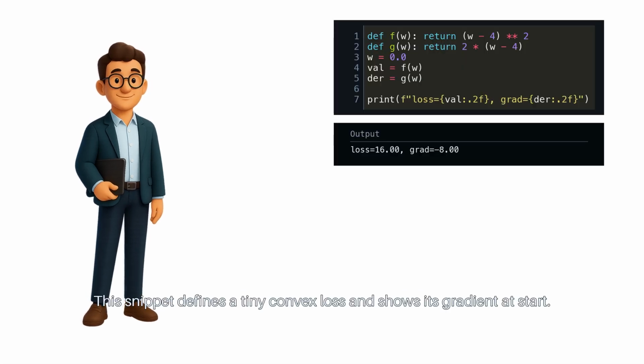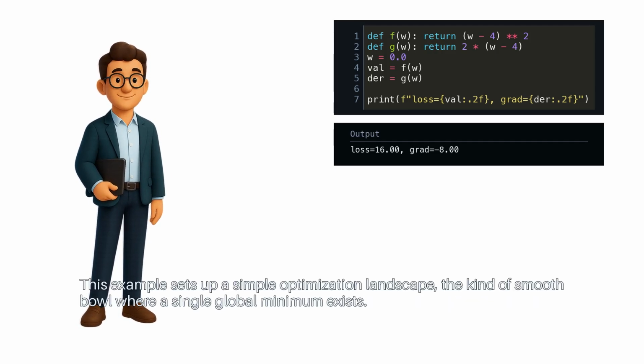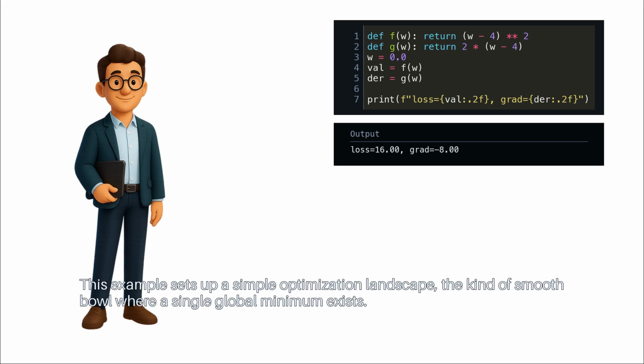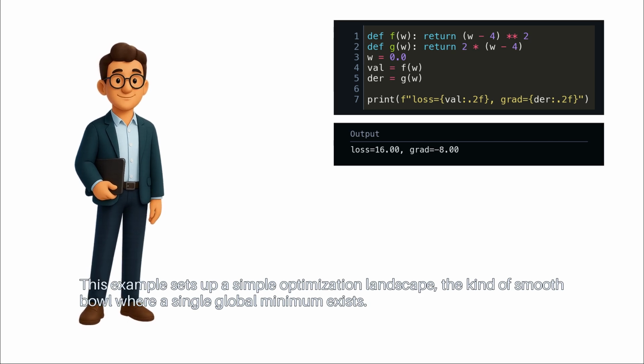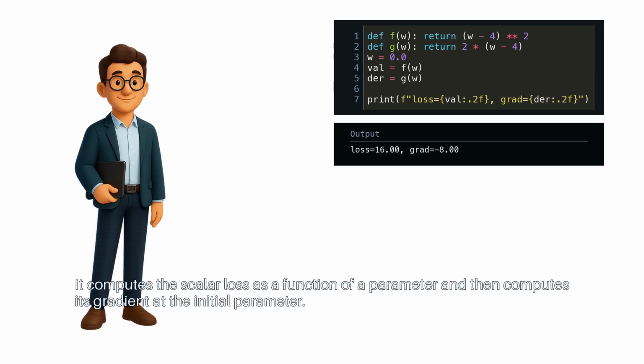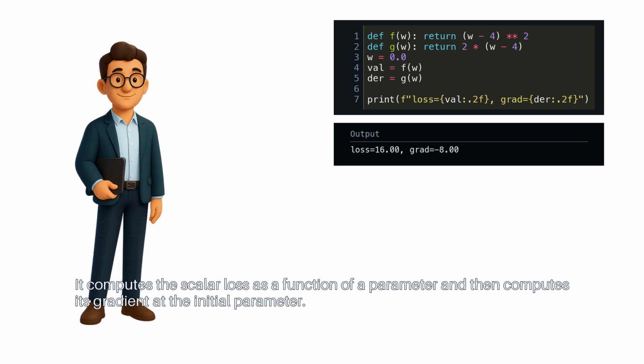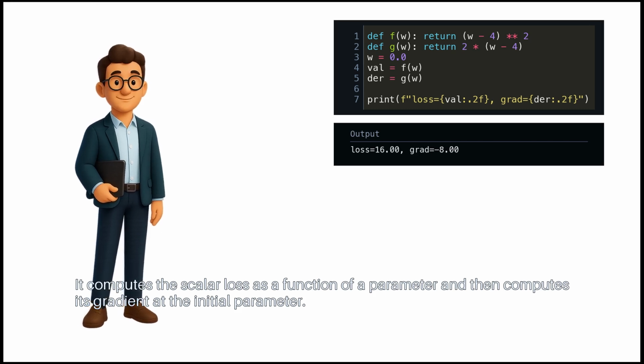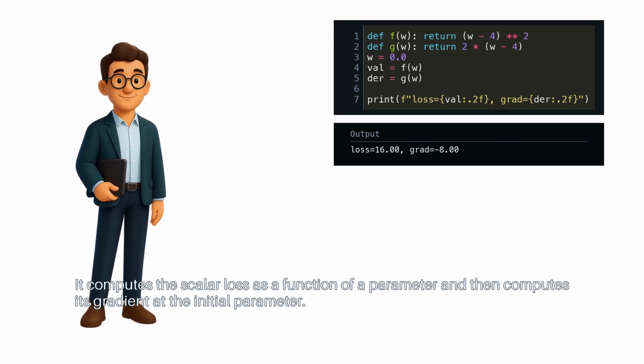This snippet defines a tiny convex loss and shows its gradient at start. This example sets up a simple optimization landscape, the kind of smooth bowl where a single global minimum exists. It computes the scalar loss as a function of a parameter, and then computes its gradient at the initial parameter.